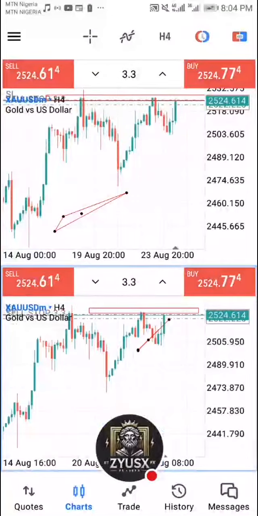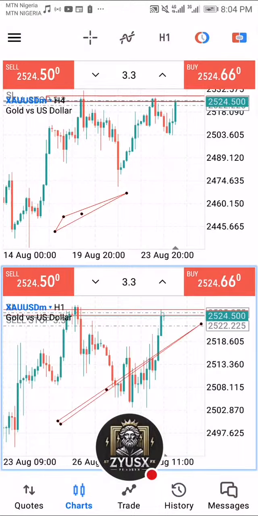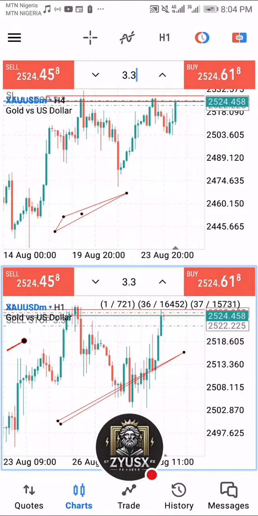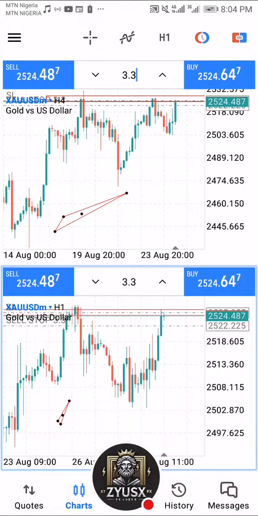My stop loss should be above the key, but since I'm using a sell stop, I'm going to be entering with momentum. I'm going to be entering when the momentum kicks in and price starts pushing strongly down. So I don't have to worry about the stop loss here. So that's it. That's how I set it.